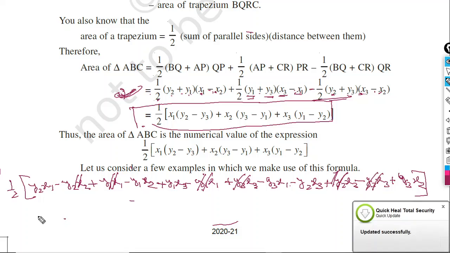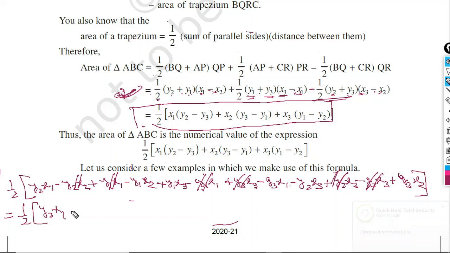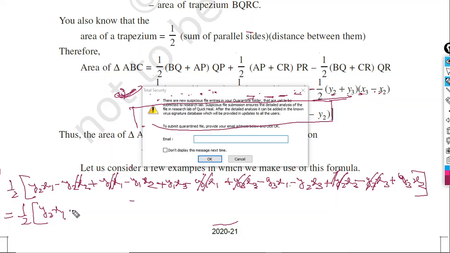Now you can write them, which will be equal to 1 by 2, bracket, y2 x1, whoever remained.